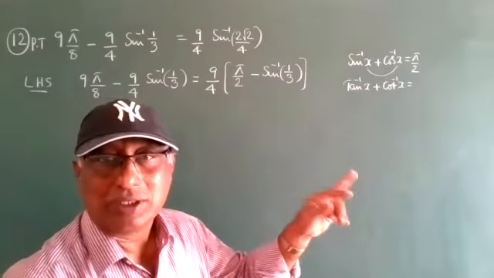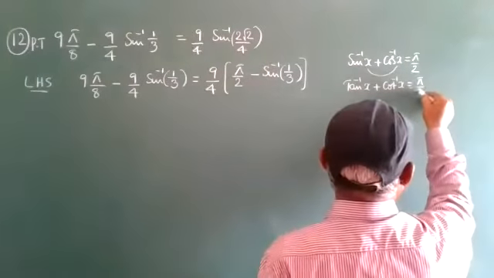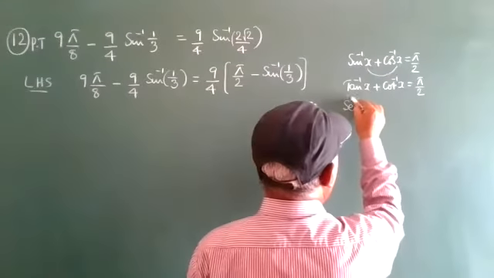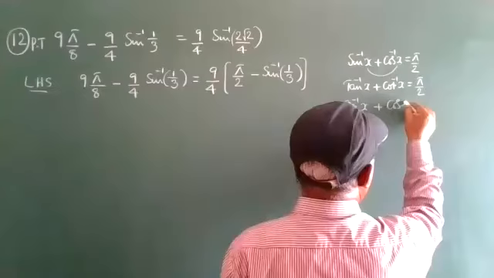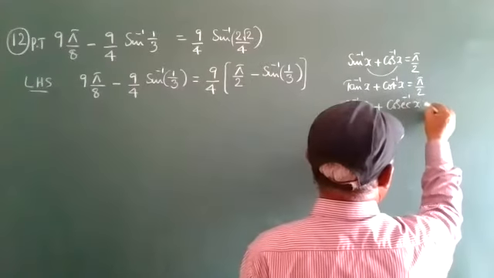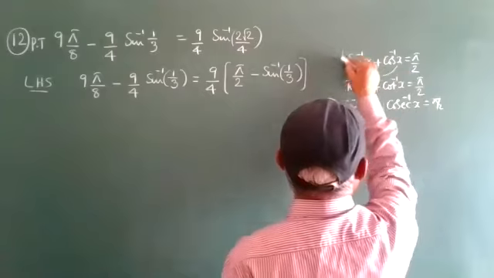And sec inverse x plus cosec inverse x is also pi by 2. These are all the terms.